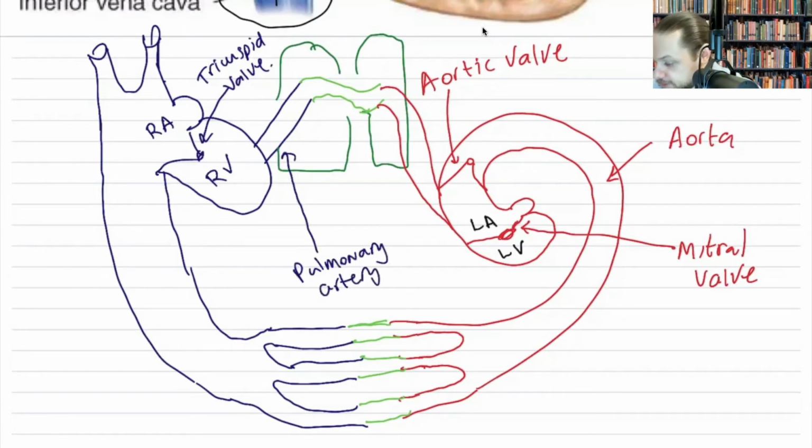The valve that's coming here from your right ventricle is the pulmonic valve. And one more thing we need to add here, this is your pulmonary vein.